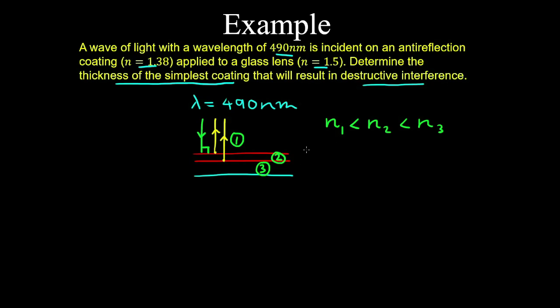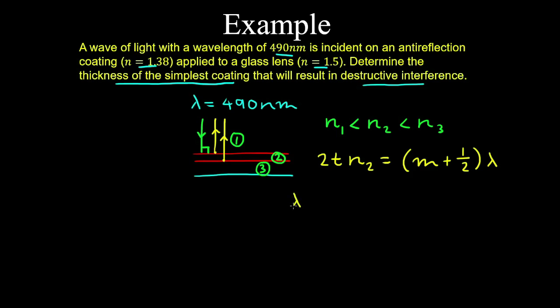And therefore the formula for destructive interference for our thin film interference problem is 2 by the thickness of the coating by the refractive index of the coating is equal to the integer m plus 1/2 by the wavelength of light in the incident medium.